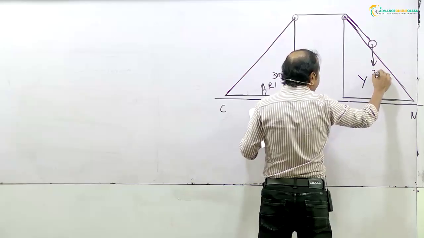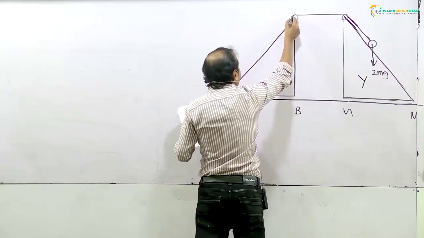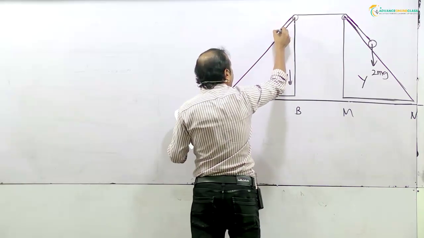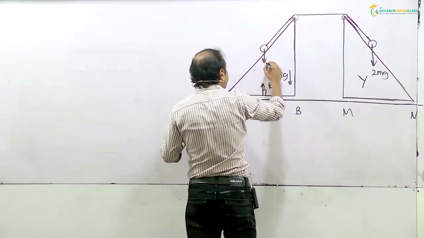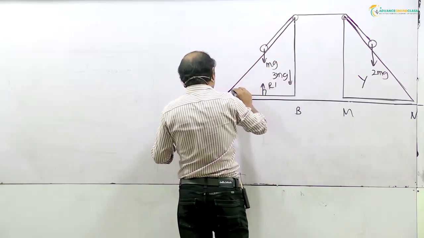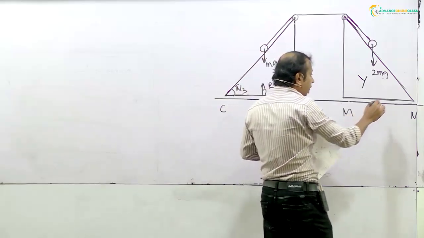Weight 2 mg, mg, this is pi by 3, this is also pi by 3.